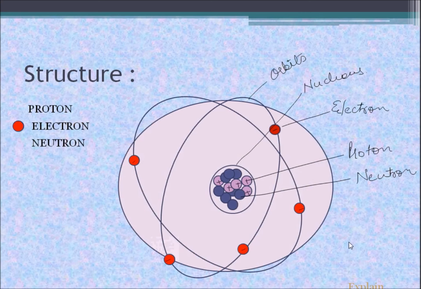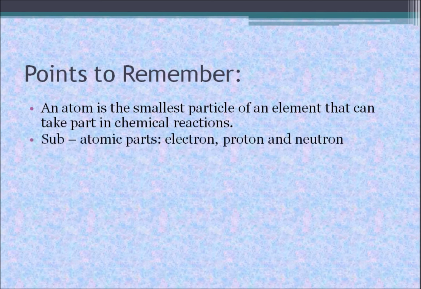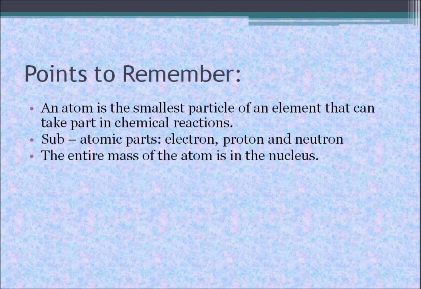The red particles are electrons, the purple ones are protons, and the neutrons are the blue ones. I hope you can understand now the structure of the atom. So let's remember these points when you are dealing with the structure of atom. The atom is the smallest particle of an element that can take part in a chemical reaction. The subatomic particles are electron, proton, and neutron. The entire mass of an atom is in the nucleus.